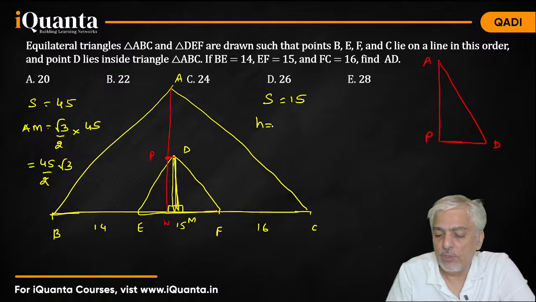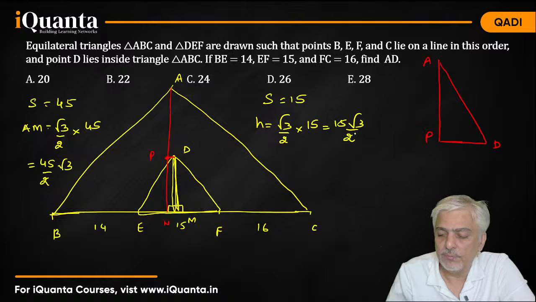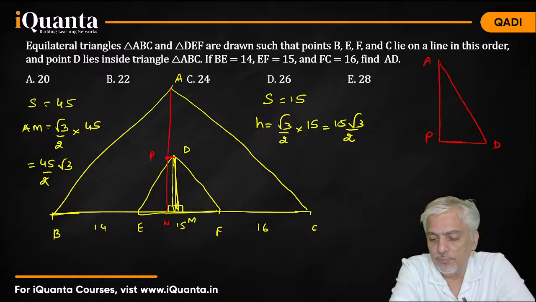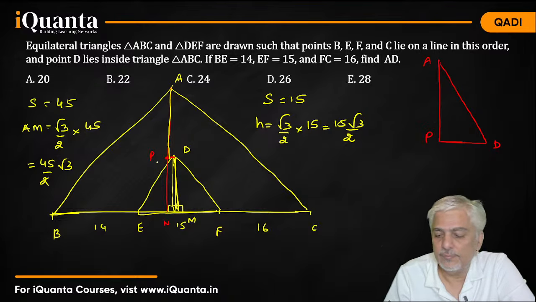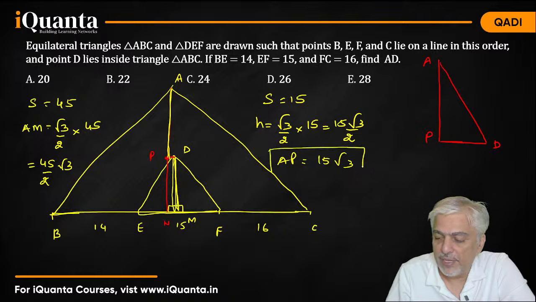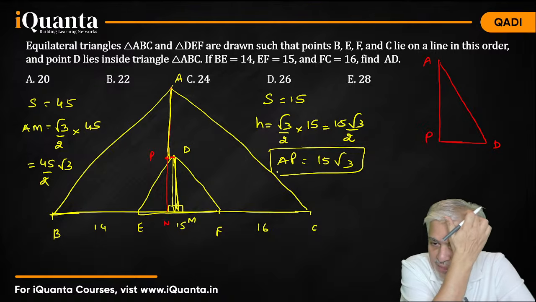So height will be root 3 upon 2 into 15, which is 15 root 3 upon 2. So AP will be subtraction. 45 upon 2 minus 15 upon 2 root 3, that will give me 30 upon 2 root 3, that is 15 root 3. AP is 15 root 3. Everybody clear till here?